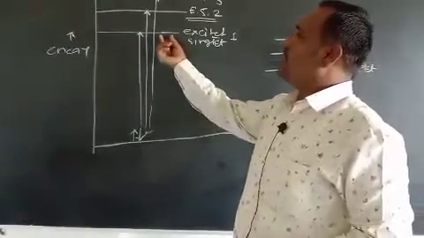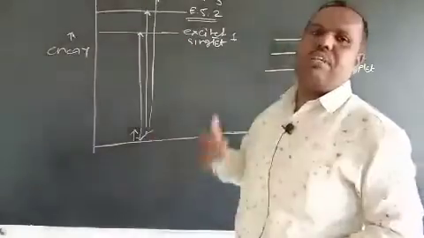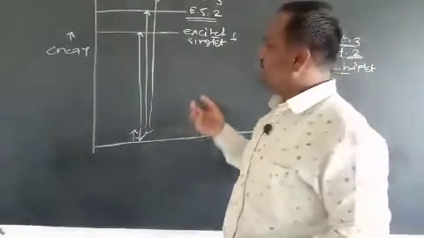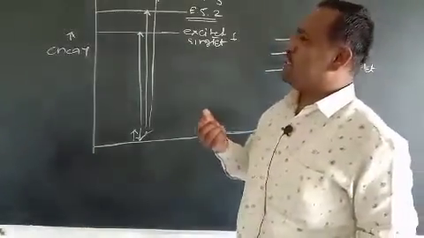When the electron, atom or molecule returns to the ground state, it will emit certain radiation in the form of light. Then the phenomenon is called fluorescence.